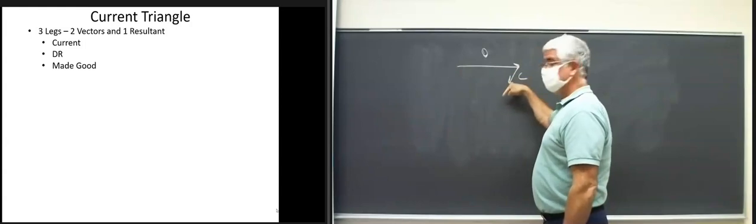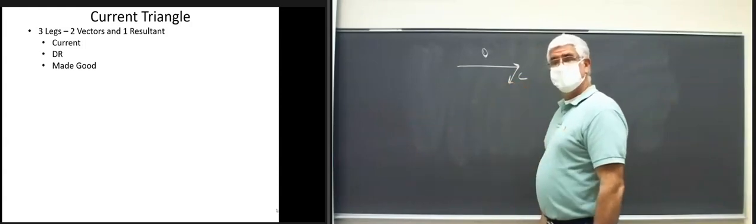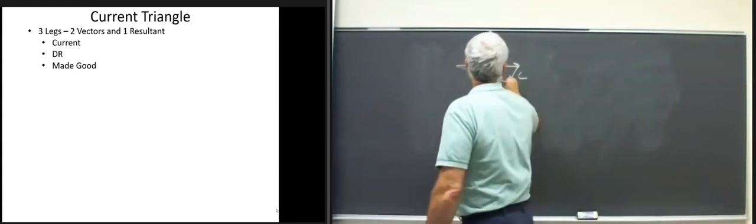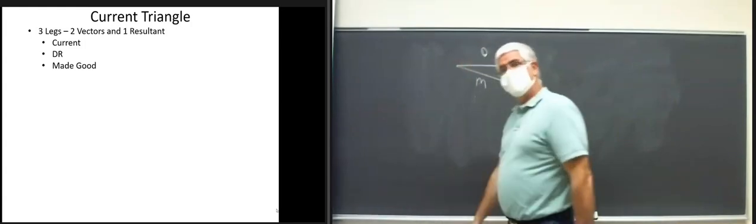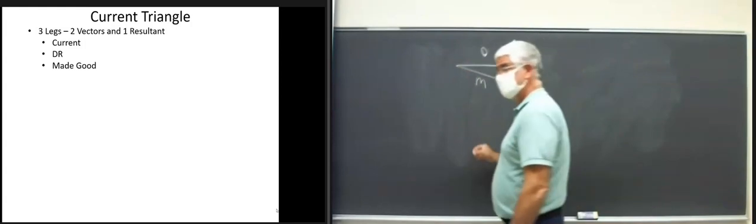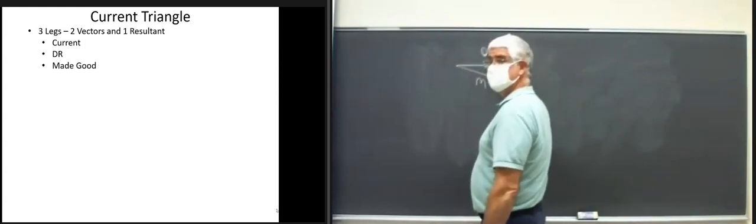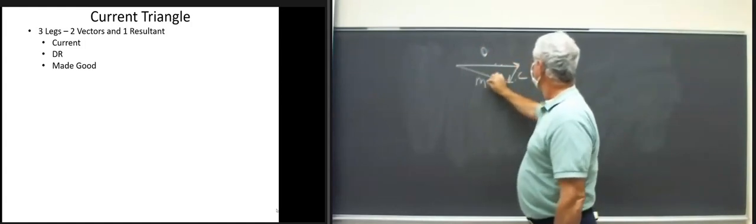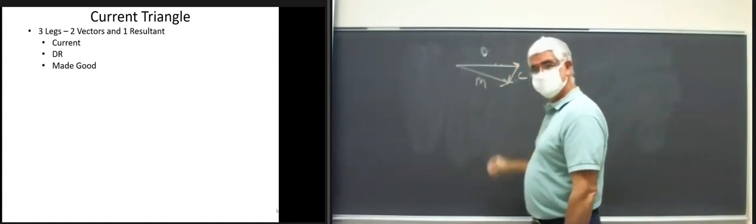The current pushing like that, that's a vector. The resultant is what you make good. Anything made good is the resultant. It comes from the combination of these 2 vectors, tip to tail, and then the resultant, the made good, is what you get.